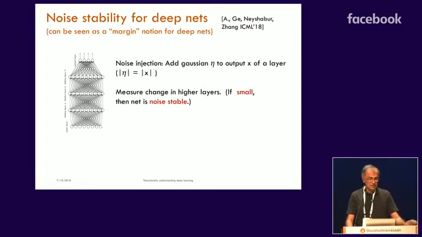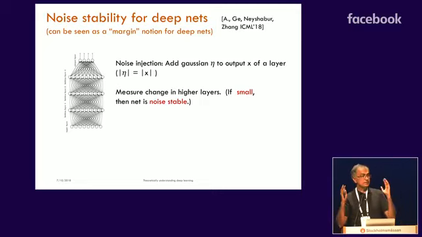Noise stability corresponds to studying the following thought experiment. You do noise injection in the deep net. At some layer of the deep net, you add a Gaussian noise vector to the output x of a layer, let's say. The norm of this noise is the same as the norm of the vector being computed at that layer.